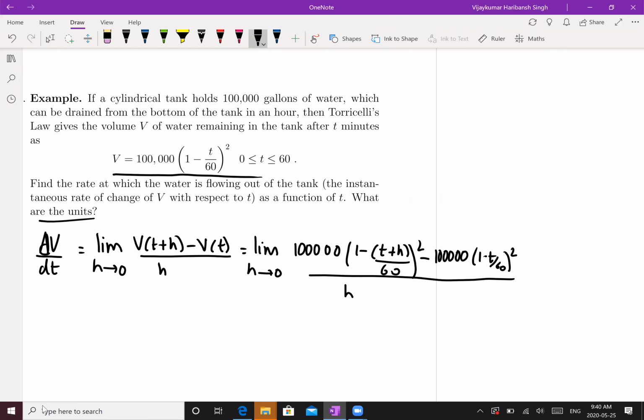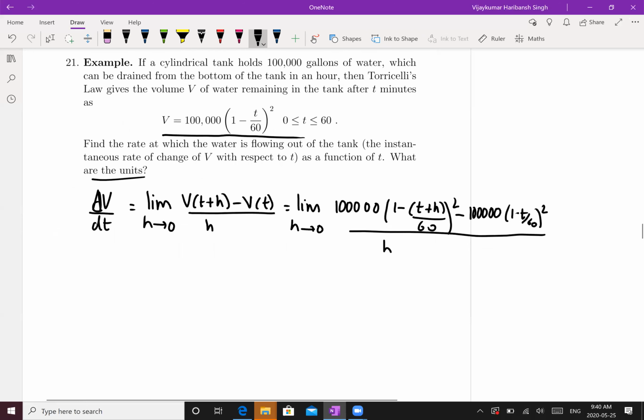Now later on when we come to the formulas for computing this using derivatives, you will see that it will become easier to deal with this. But for now, we do not know any formulas of derivative because we haven't constructed any of them. So we have to work with this.